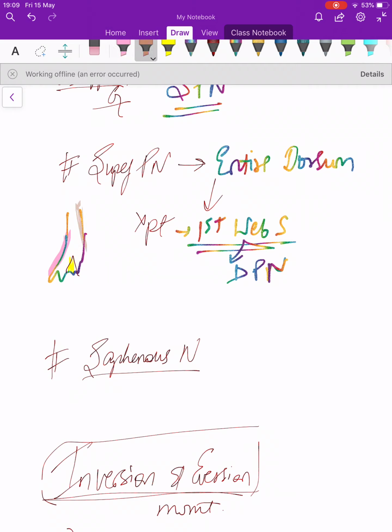And the rest all is the superficial peroneal nerve.